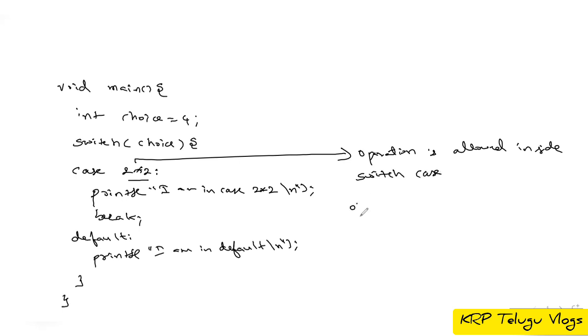Choice is 4, and 2 into 2 is nothing but 4, so it will go to case 2 into 2 and print case 2 into 2. Operations are allowed inside switch case.